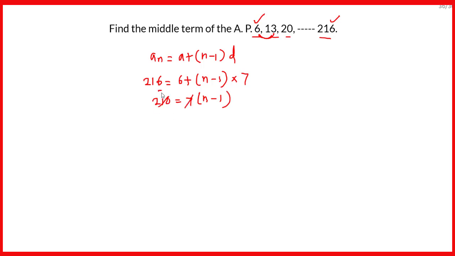So 7 1s are 7, 7 3s are 21, 7 zeros are 0. So 30 is equal to n minus 1. Take 1 to this side, it will become plus, and so n is equal to 30 plus 1, that is 31. And therefore the total number of terms is 31.